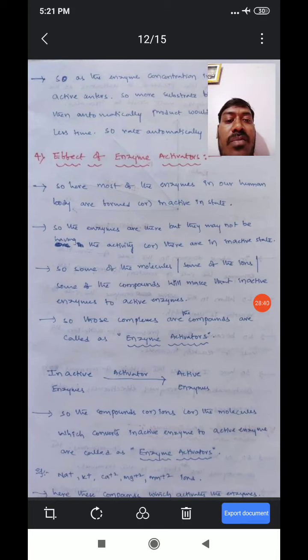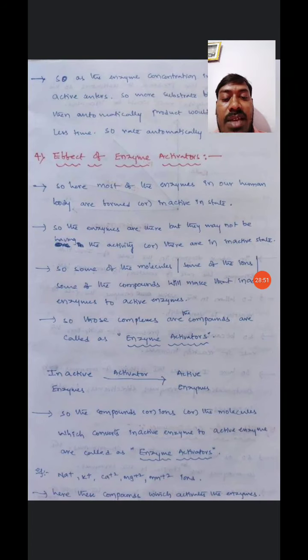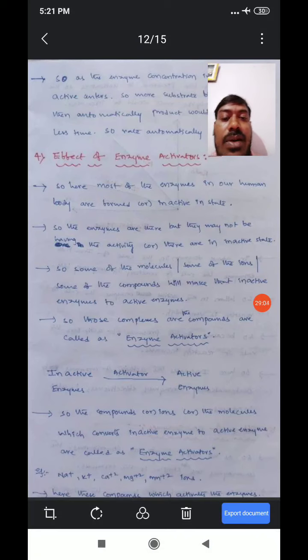Those ions or compounds are called enzyme activators. So most of the enzymes in our human body are formed in an inactive state.